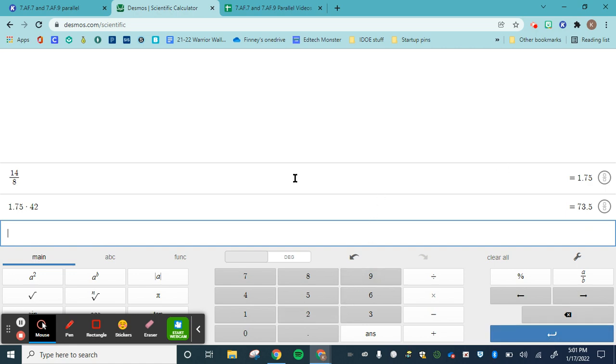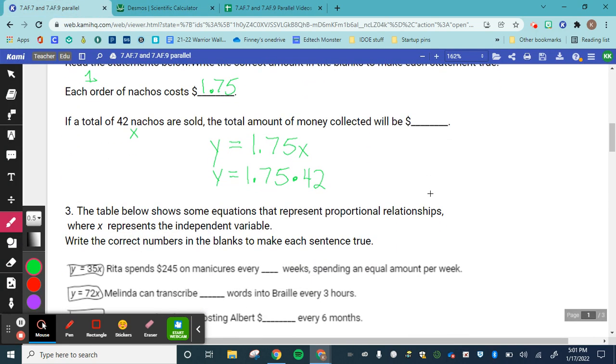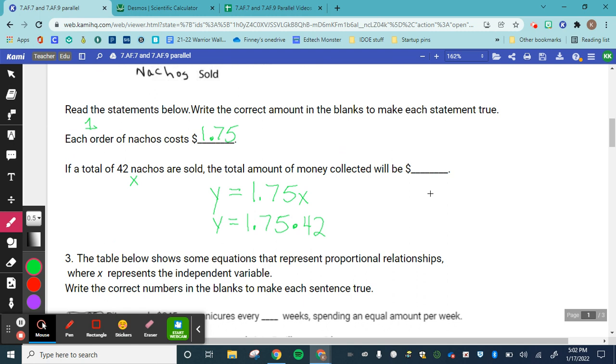Since it's money, I do need to put the 0 on it, so we got 73.5, but that will be $73.50 for 42 orders of nachos. Or that's how much they got. 42 orders of nachos is a lot, but they're selling these nachos. So if they sold 42 nachos, they're going to get $73.50 for those orders.